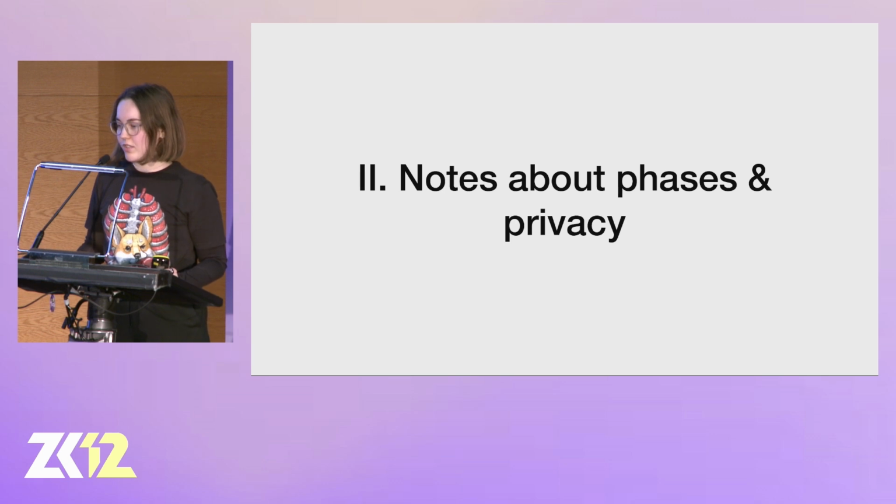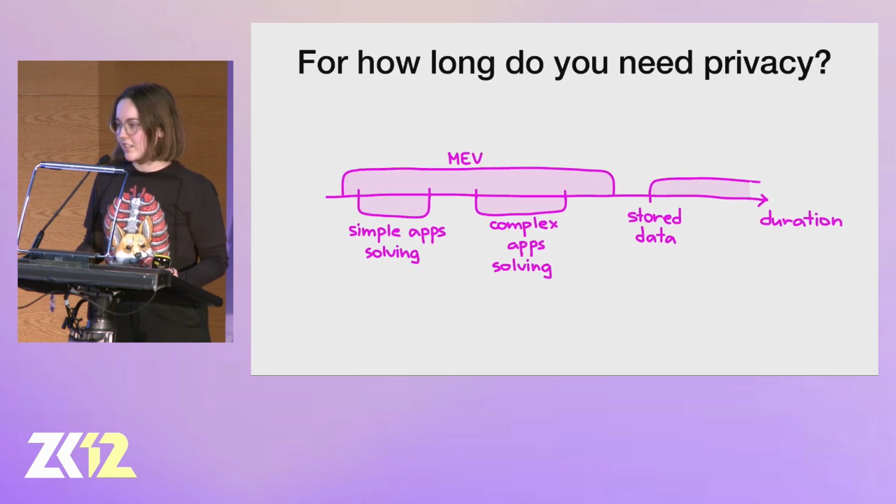Now a bunch of notes about this. The first one is how long you need privacy for such protocols. Duration is different for different goals. For example, if you want to store data on the blockchain, it requires a lot of long-term privacy. In Zcash, you have transactions encrypted, and ideally they would be encrypted for a long, long time, like years.